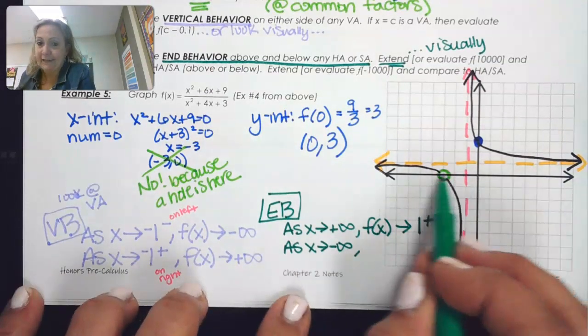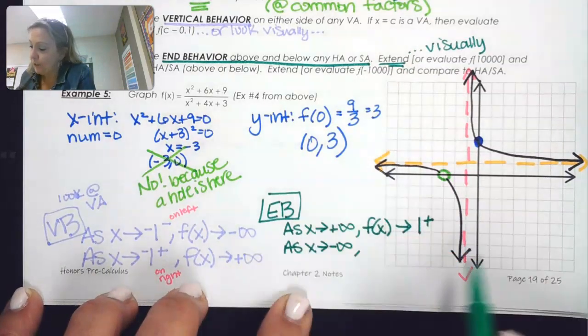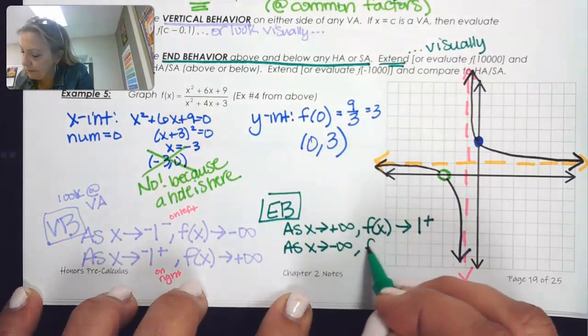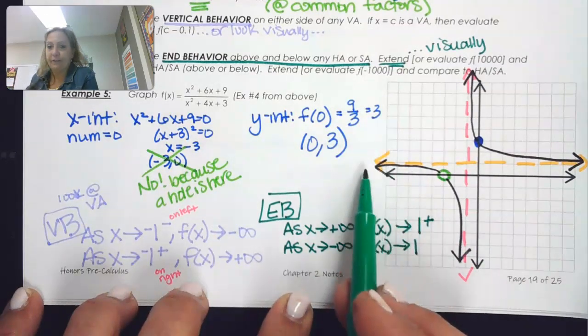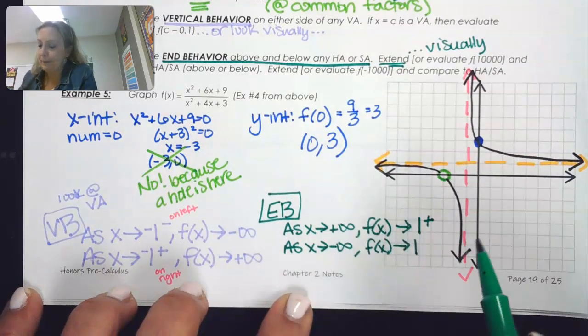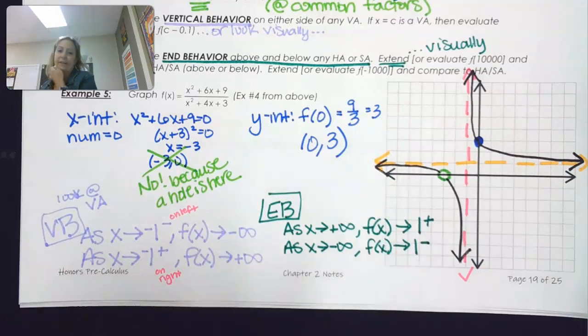And if I look at negative infinity, it also approaches 1, but this time it's approaching from the bottom, so I'm going to put a negative there. And that's what our end behavior is.